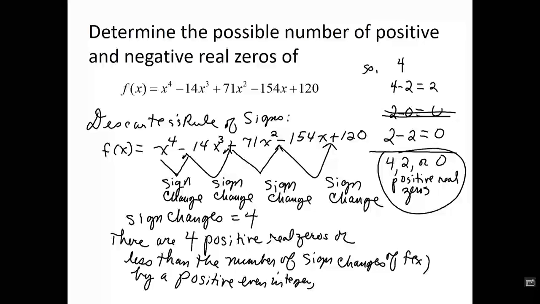Also, according to the rule, to determine the number of negative real zeros, we would have to compute f of minus x.